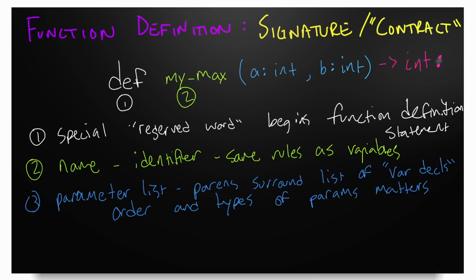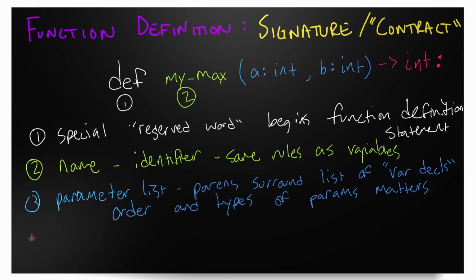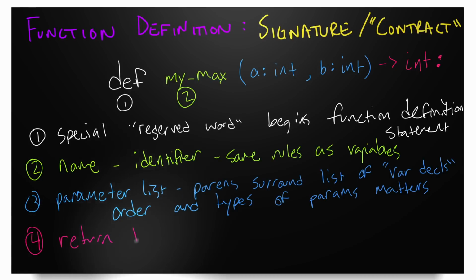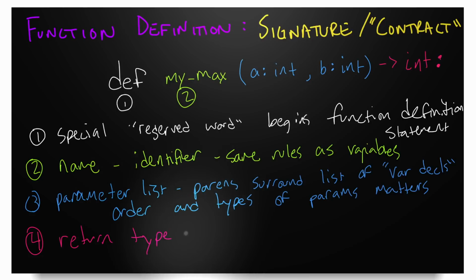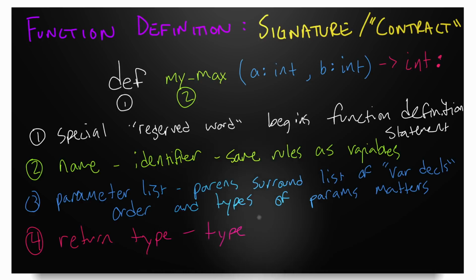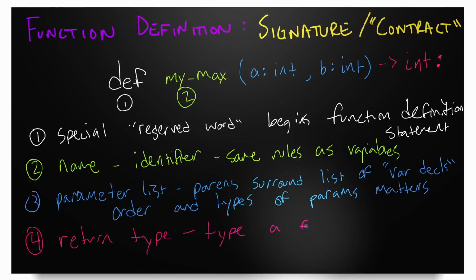So the return type is important. It tells us when a function call is made to this function, what type the result will be. It tells us the type a function call results in.